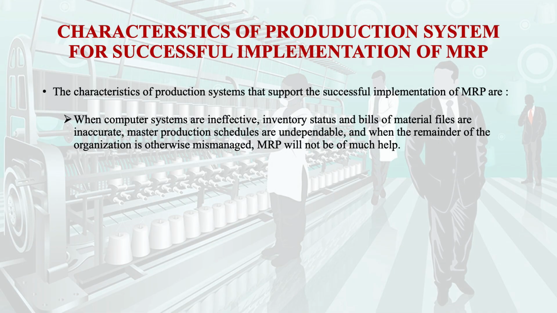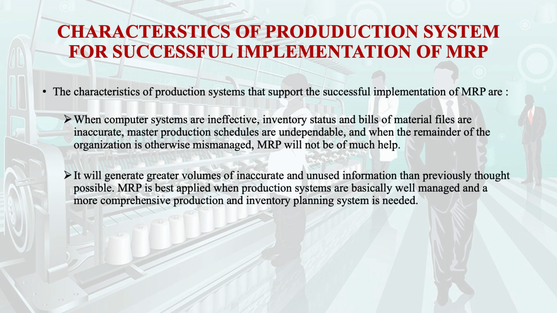When computer systems are ineffective, inventory status and bill of materials files will be inaccurate, and the master production schedule will be undependable. When the remainder of the organization is similarly mismanaged, MRP will not help.